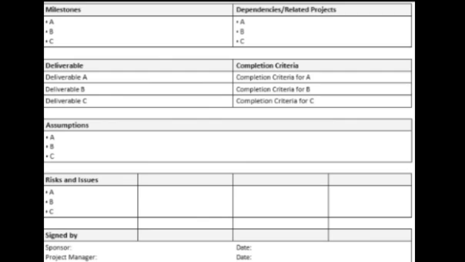Already 2-3 days is out of the 7 days that you gave, and that already is an issue. So with the assumptions, you will try to foresee all the possible things and list out all the assumptions.